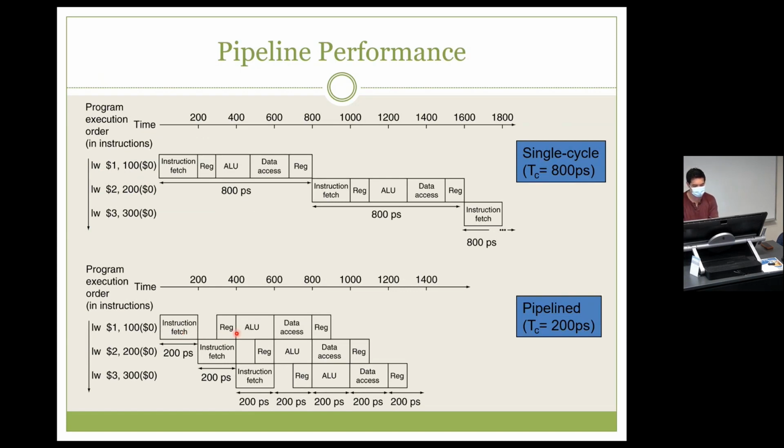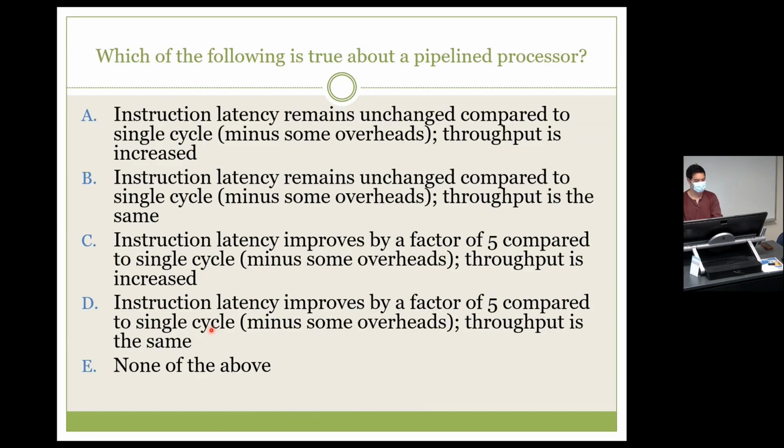So the latency of an instruction is actually 1,000 picoseconds, whereas single cycle, it was 800, because we have to clock our CPU by the longest stage. So even though register is only 100, it takes 200. So those are some other overheads. But overall, we are going to increase our throughput. The maximum theoretical increase is by the number of stages, but we don't usually reach that.